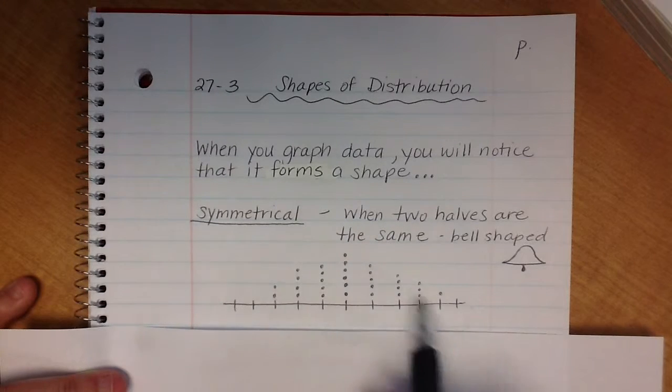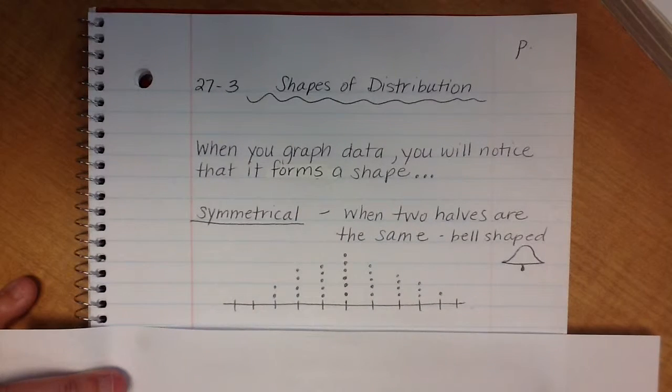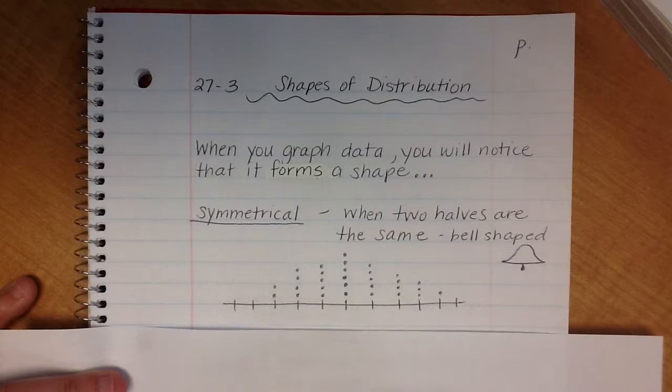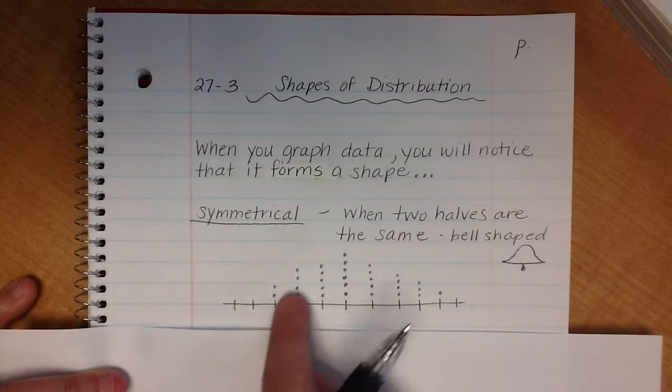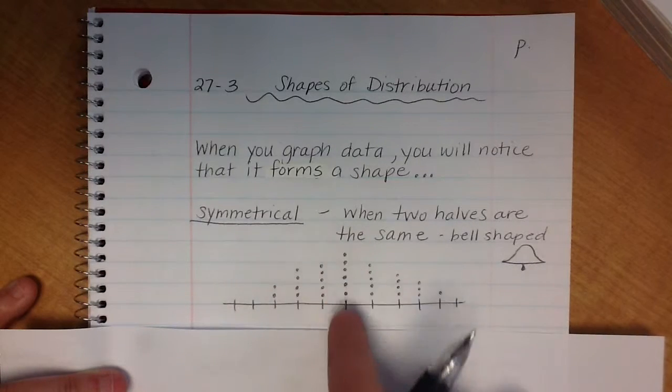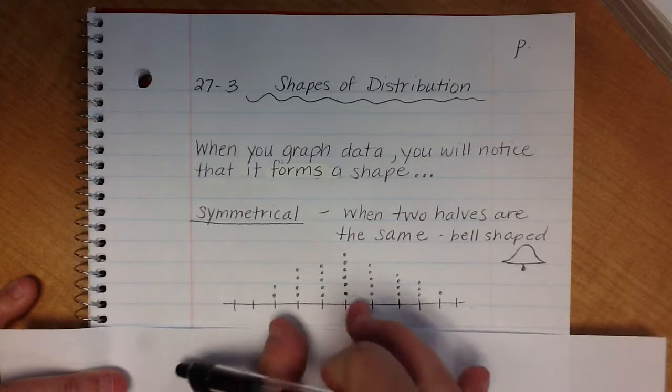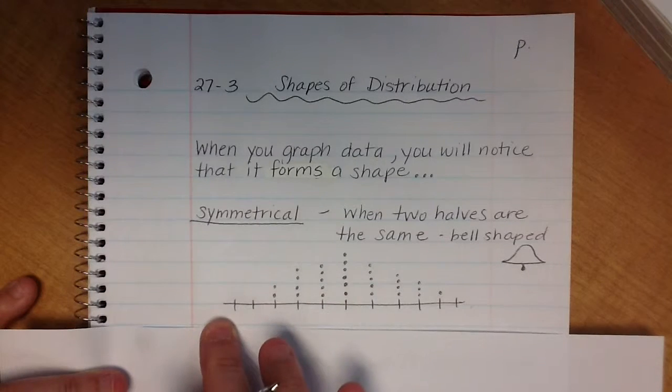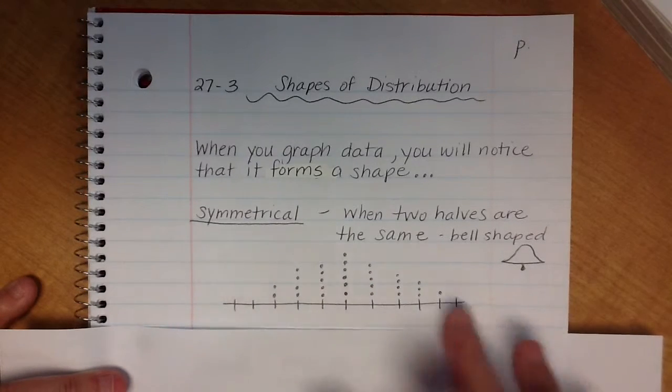So let's say this represents the number of pets students in our class have. We've got this symmetrical data where more students have this middle range and fewer students have pets looking out to the sides.